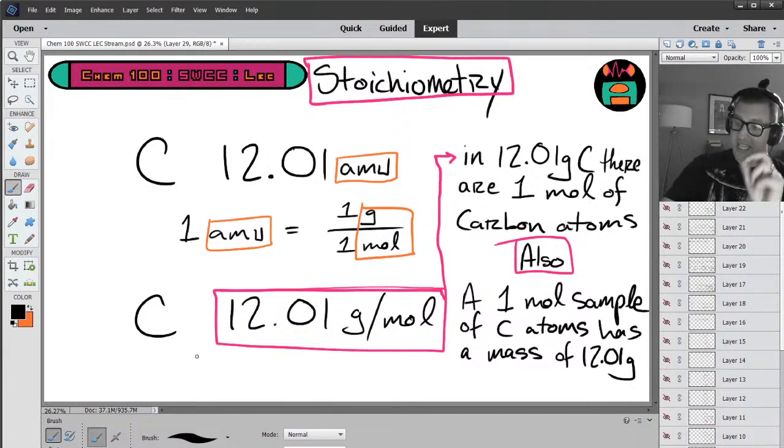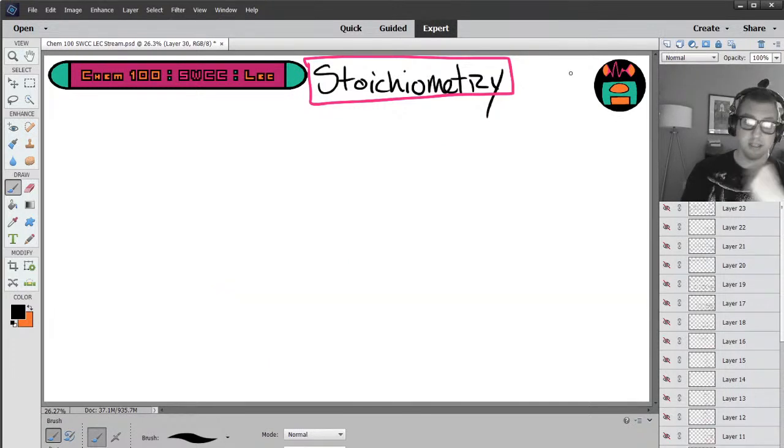All right, the atomic mass tells you how many grams are in 1 mole, and it also tells you the mass of a 1 mole sample of carbon. Here's what this knowledge affords us. This knowledge allows us to solve problems like the following.